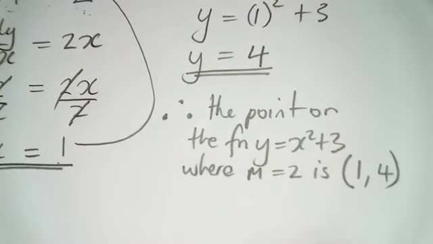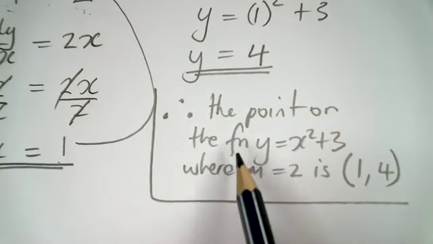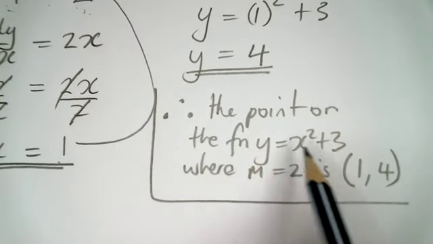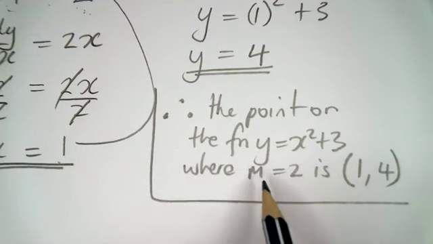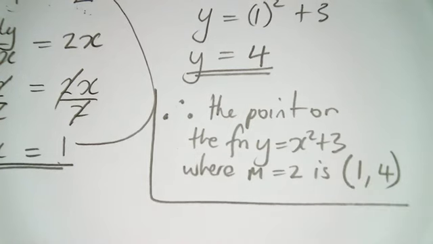And there's the result, there's the answer. So it's very important, of course, to put this bit here, the point on the function, or the point on the equation, if you like, where the m value, the gradient you might write, is equal to 2, is, and then the ordered pair, the set of coordinates where that would be true. And that's how we state our answer.